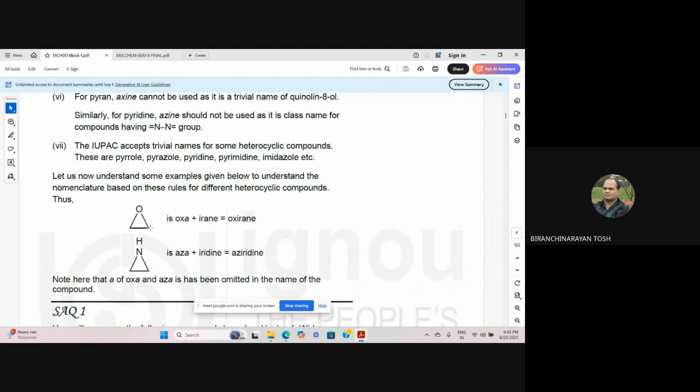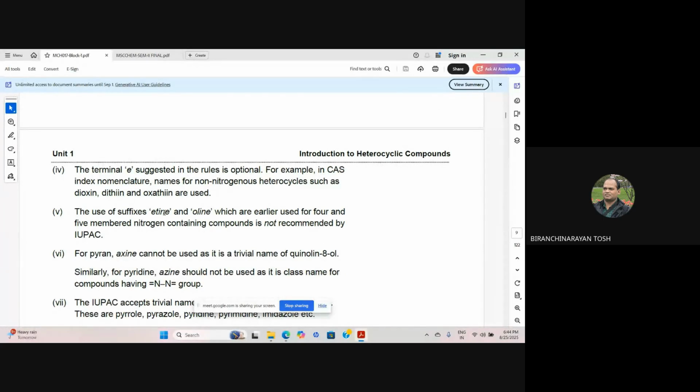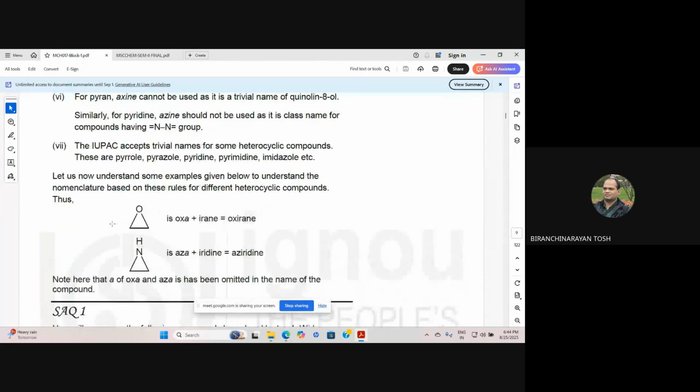So this example I gave you is ethylene oxide. Common name is ethylene oxide. So in the IUPAC system, whatever we are using now, the Hantzsch-Widman system, in ethylene oxide, oxygen is the heteroatom. So for oxygen, the prefix is oxa, and for three-membered ring, it is -irane.